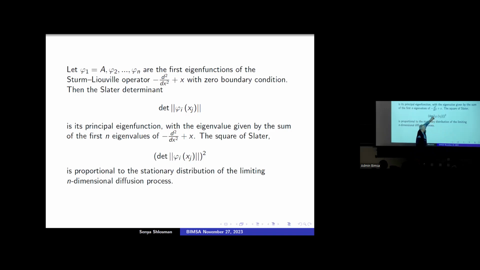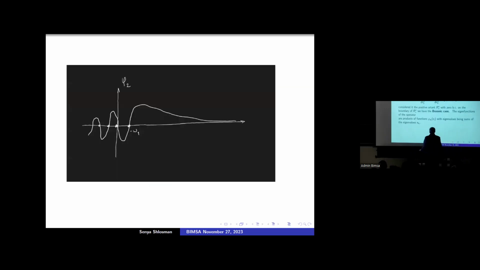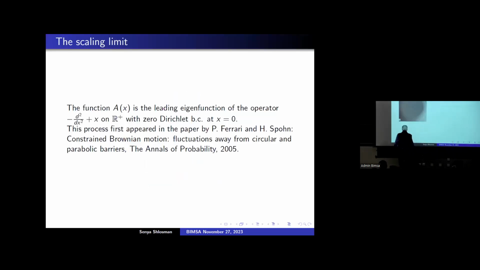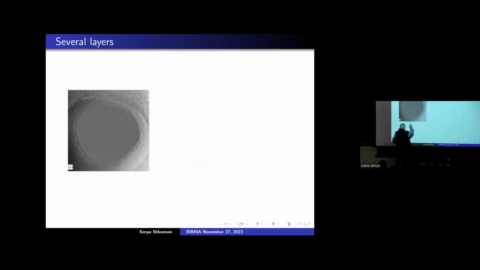Again, you see you have not the single function, but this determinant squared. That is the density of your n-dimensional probability distribution. So we have a formula for this situation where we have n lines here. Those are these n lines.